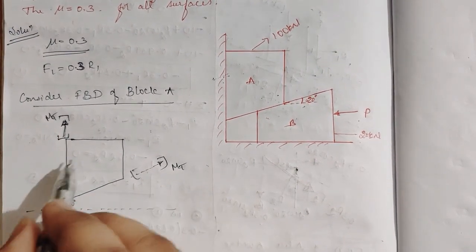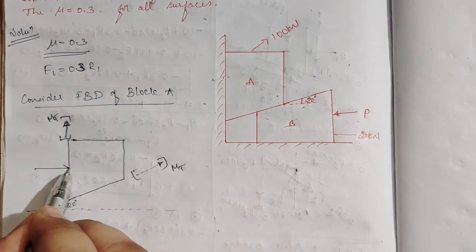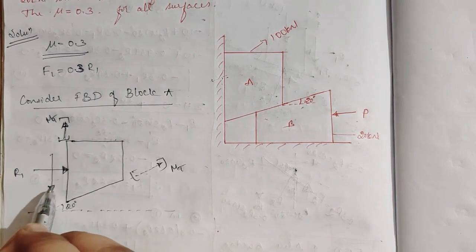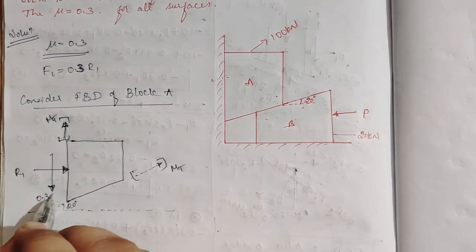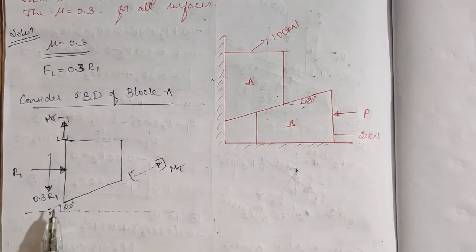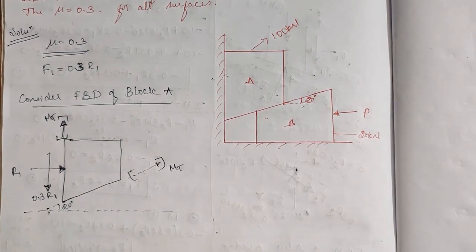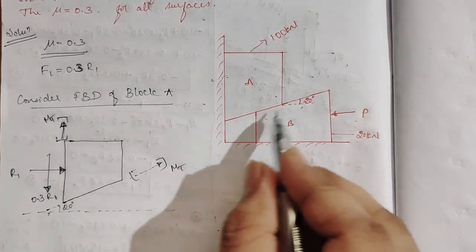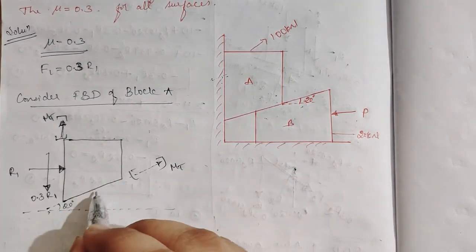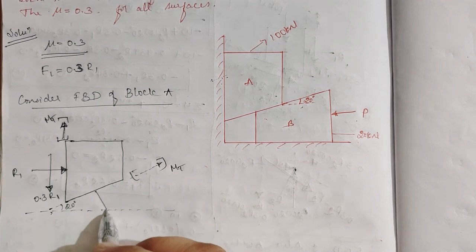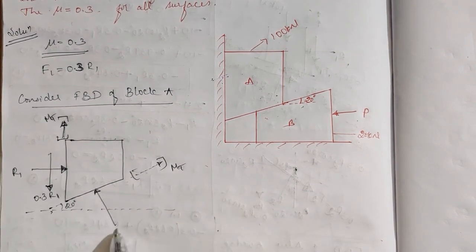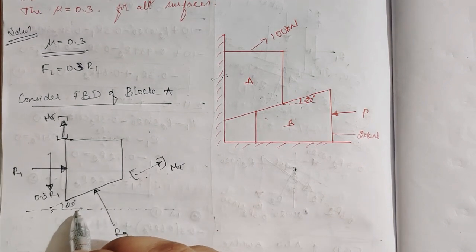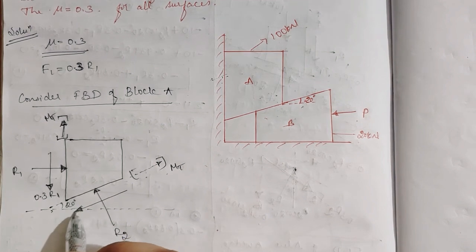Now I'll take this as R1, and opposite to the motion this is 0.3 R1. Instead of writing F1, I am writing directly 0.3 R1. Now there is also a contact surface here, you can see. From that contact surface also one reaction will be generated. So this is R2, and F will be like this.